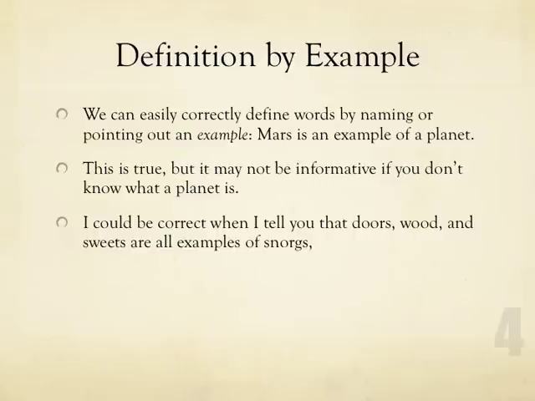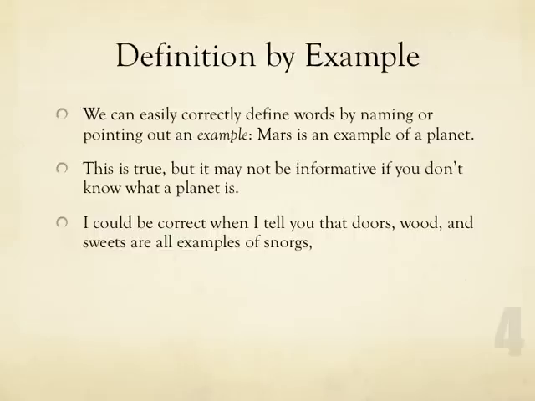The plural, snorgs. And so you say, well, okay, you made up this word, Ryan. Well, what does it mean? Well, I don't tell you what it means in detail. I just say, oh, I'll give you examples, and you can figure it out. So I tell you, these are all examples of snorgs. Doors are snorgs, wood, sweets. Those are all snorgs. Oh, so don't you know what it is?